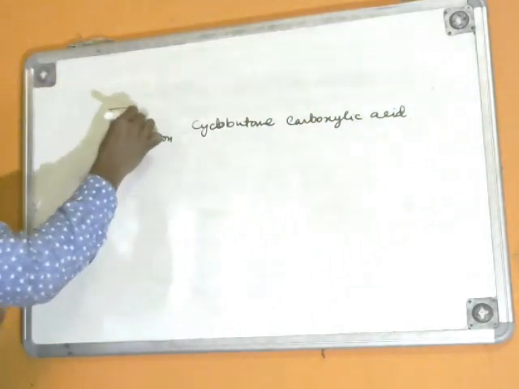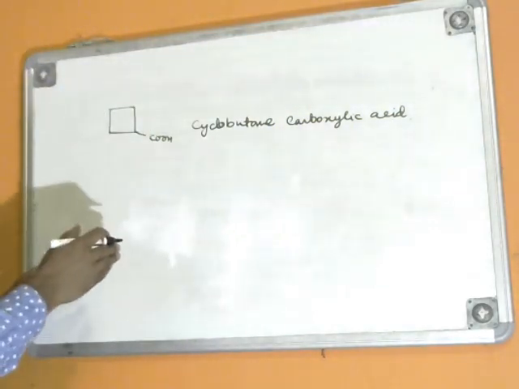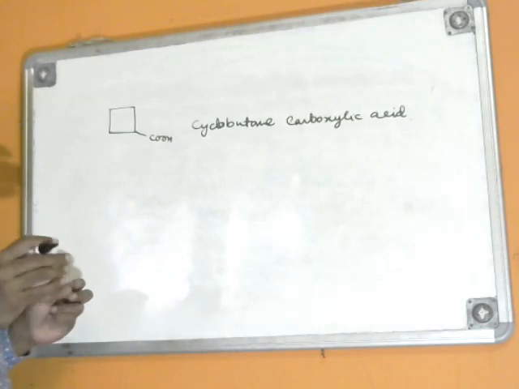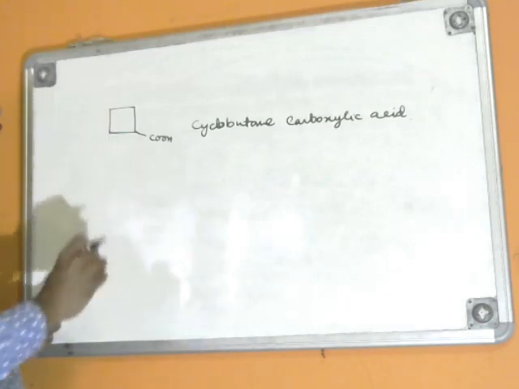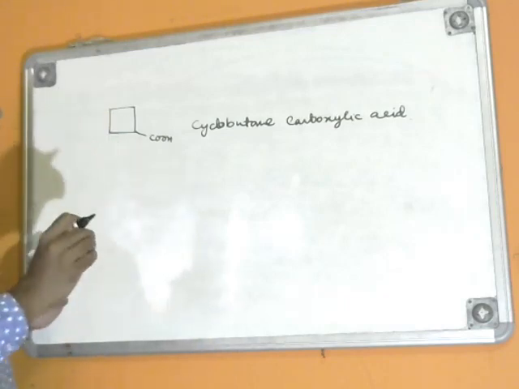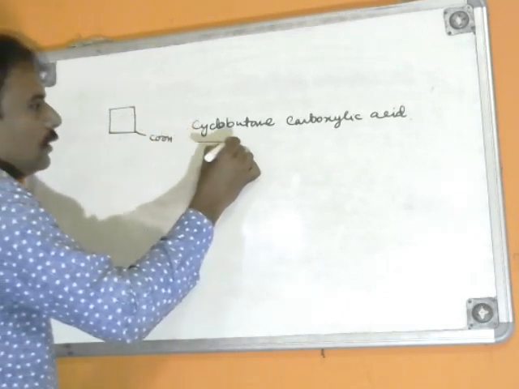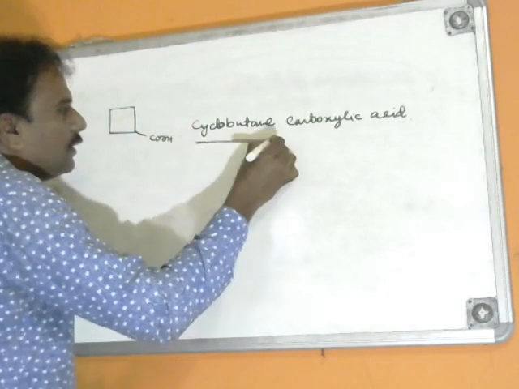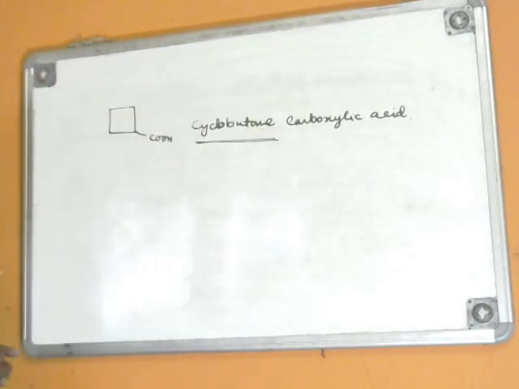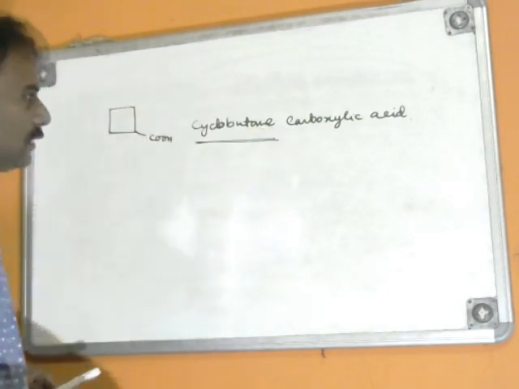So if you want to name this type of ring structure, then you should consider that the ring will be written separately. Okay. Secondly, I am taking another example.